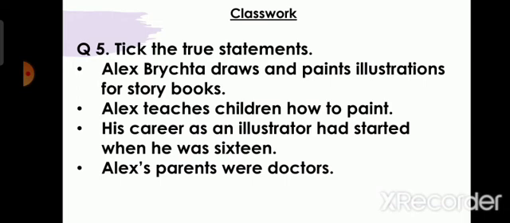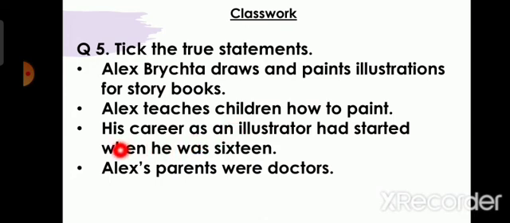Here are 4 statements. The first one is Alex Brichter draws and paints illustrations for storybooks. The second statement is Alex teaches children how to paint. Third statement is his career as an illustrator had started when he was 16.